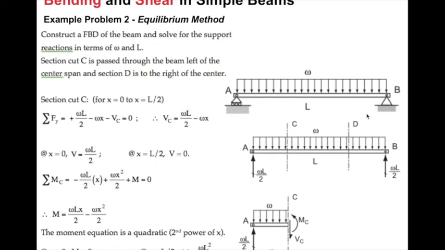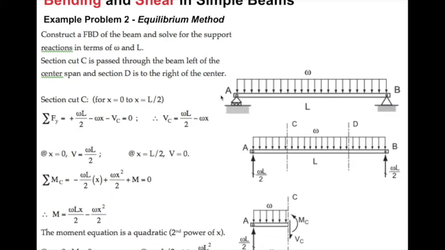And second step, we need to make some imaginary cut in between, and for each cut we can divide the beam into two separate portions or segments, and then list the equilibrium equations to calculate the internal shear and the internal moment. Then we draw the diagram along the entire beam length to generate the whole complete V and M diagrams.